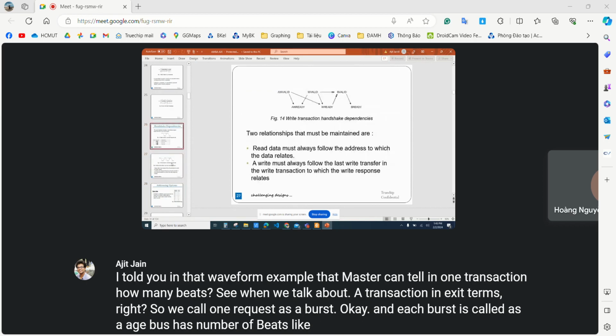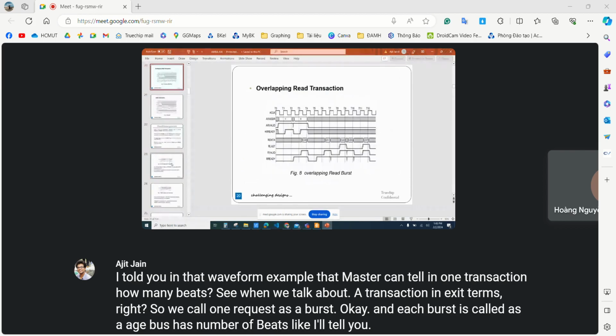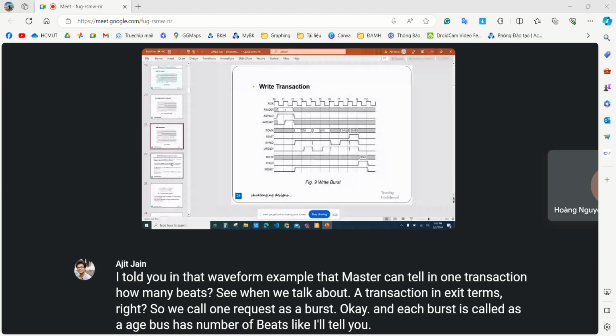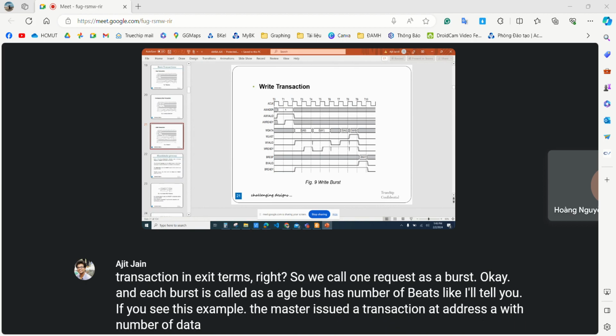In this example, the master issued a transaction at address A with data 1, data 2, data 3, data 4.